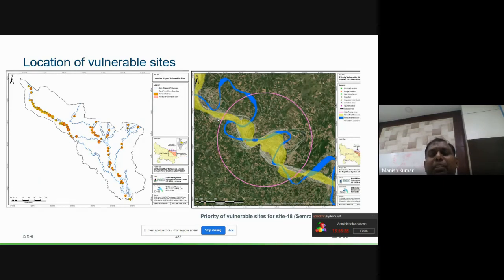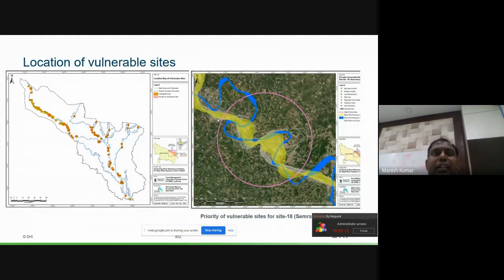The prediction is not that accurate, but at least it gives us an idea about what are the sites where we need to critically analyze and accordingly take decisions.